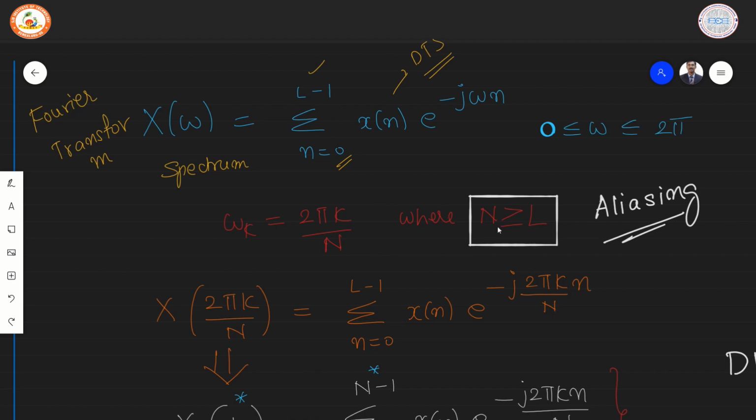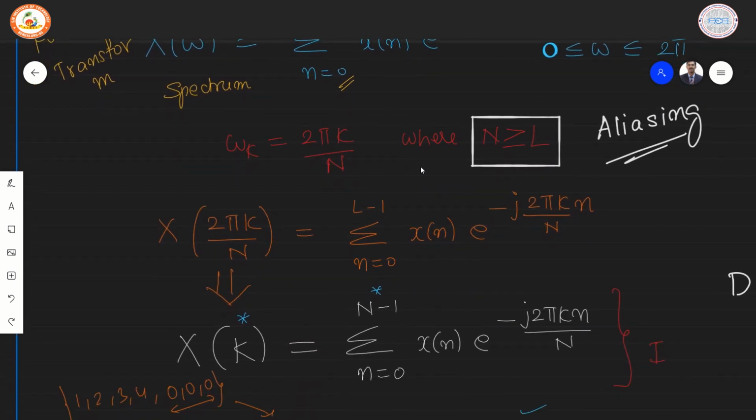That is possible by taking the value of capital N to be greater than or equal to L, where L is the number of data points in x of n, and N is the repetition interval which is defined to obtain xp of n from x of n.